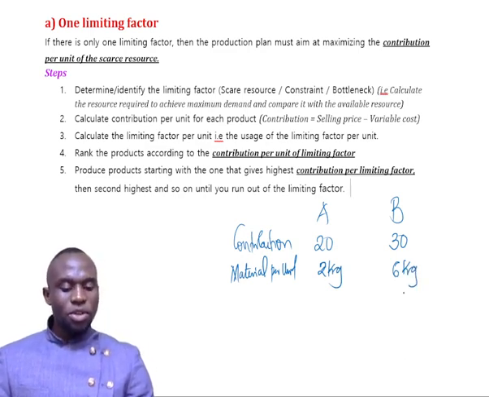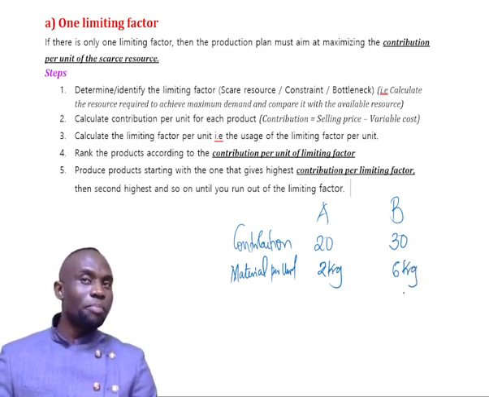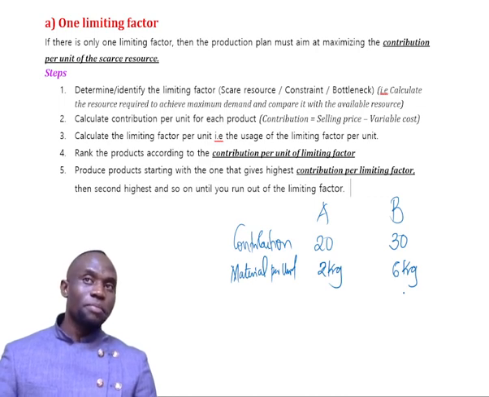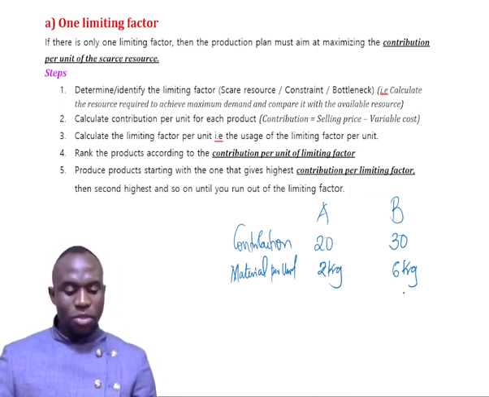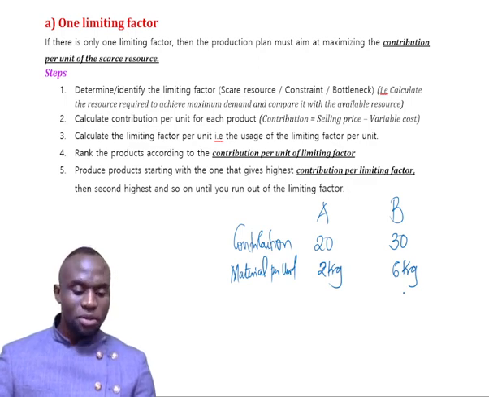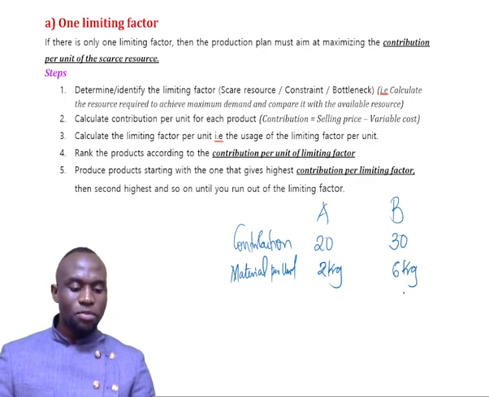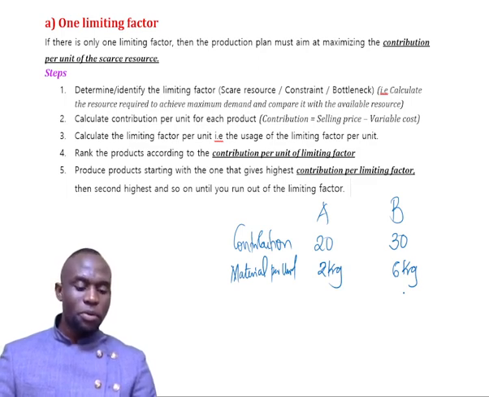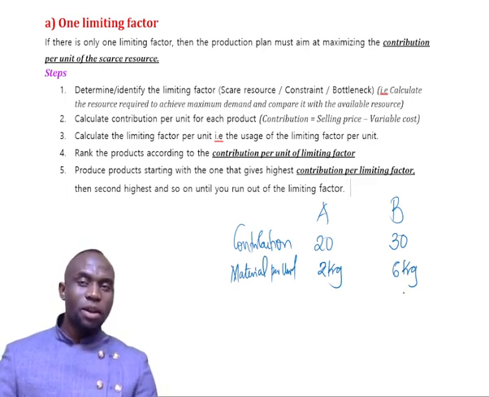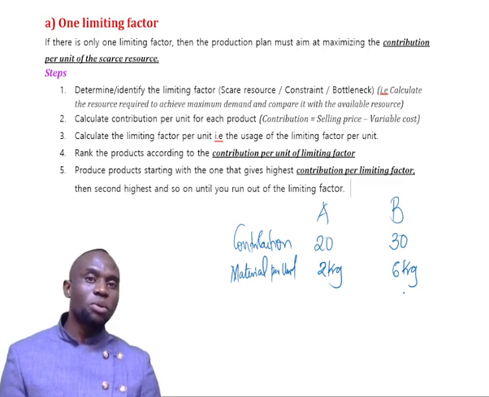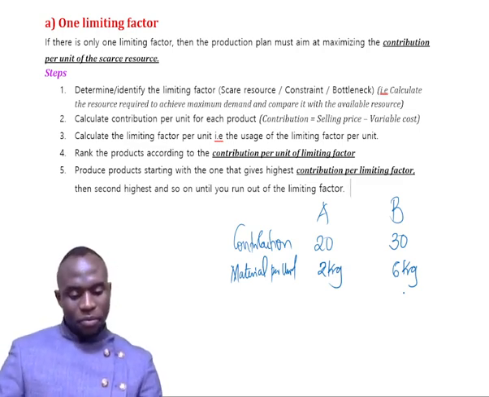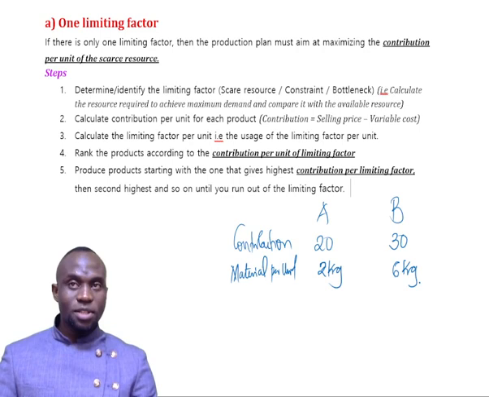Now you see, according to the contribution, what would be preferred? The best option would be to produce product B if we don't have enough materials. But I've put for you the material required per unit. So for each unit of product A, we need 2 kilograms, but for each unit of product B, we need 6 kilograms. What is the material required per unit? It is 2 and 6.